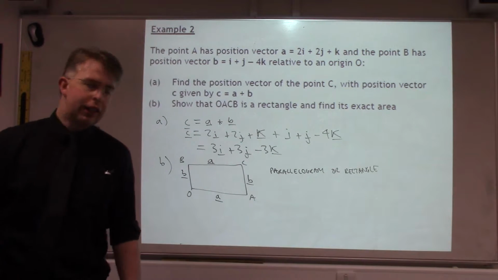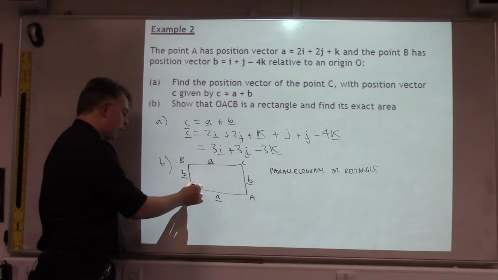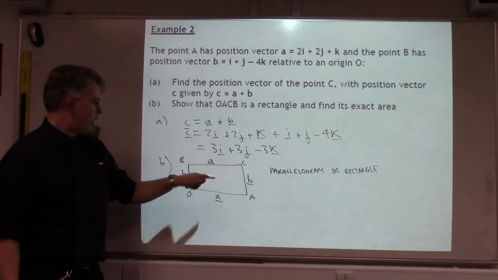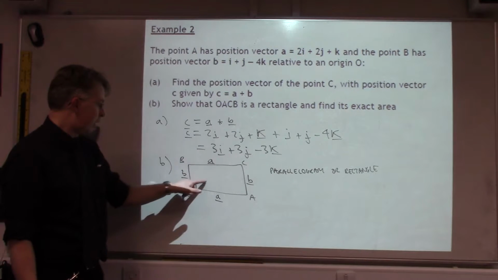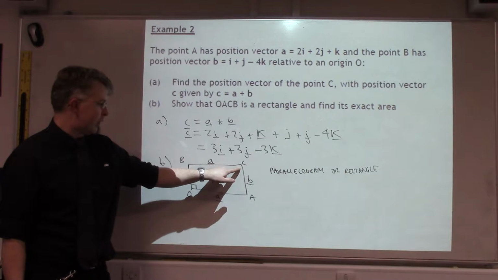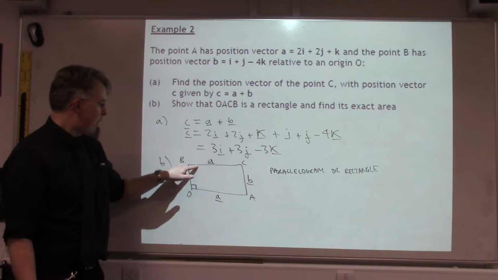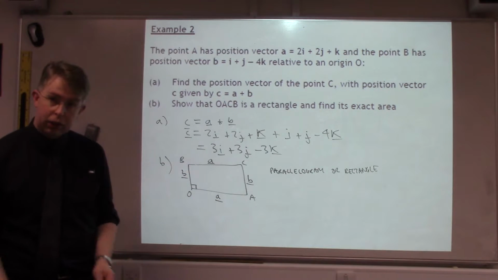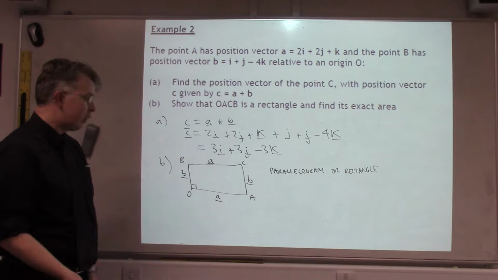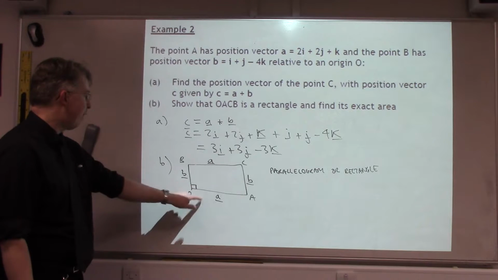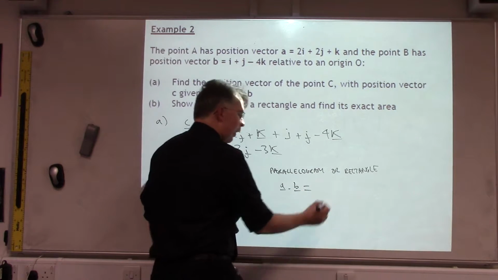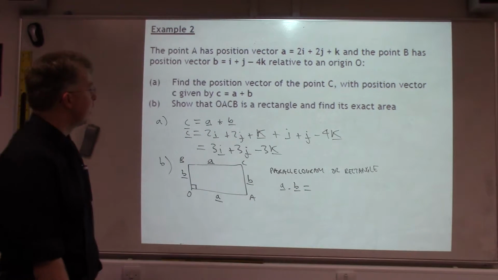It'll be a rectangle if one of the angles is a right angle, because for a parallelogram the opposite angles are equal, and they all have to add up to 360. So if one is 90, the opposite one is 90, and the other two have to be the same, so they'll be 90 as well. We only have to find that one pair is perpendicular, and the whole thing's a rectangle. So basically, if the scalar product of vectors A and B is equal to 0, then they're perpendicular and the whole thing's a rectangle.